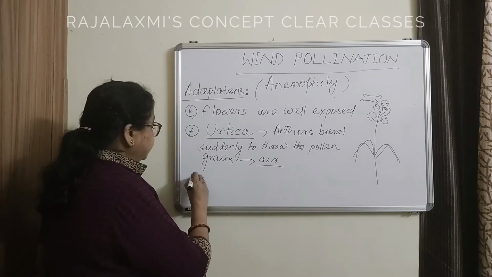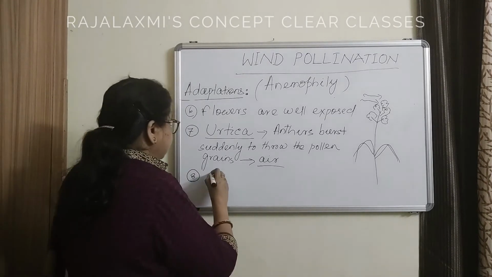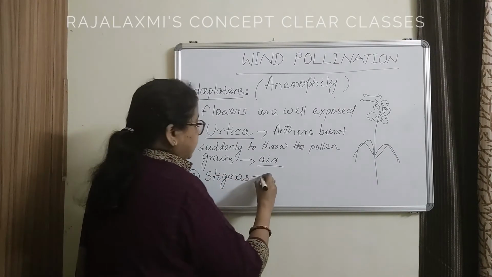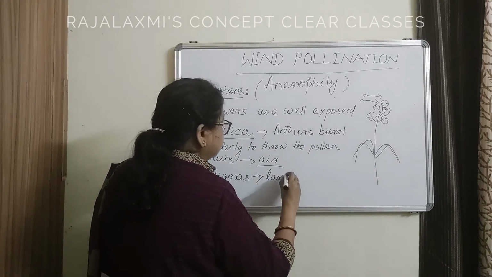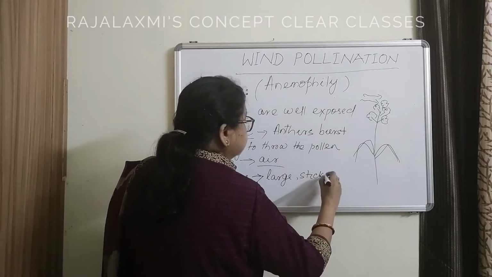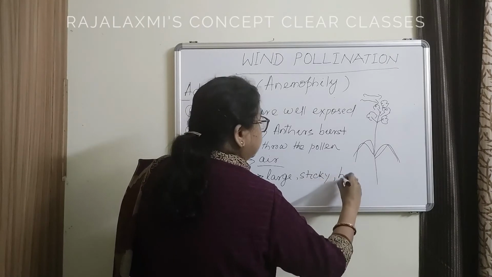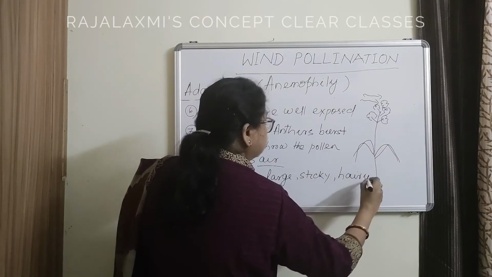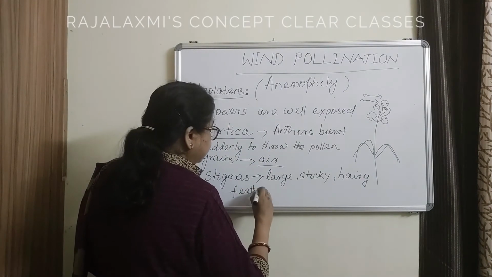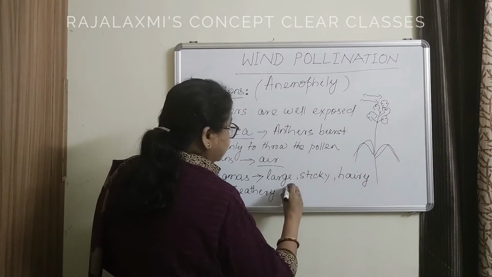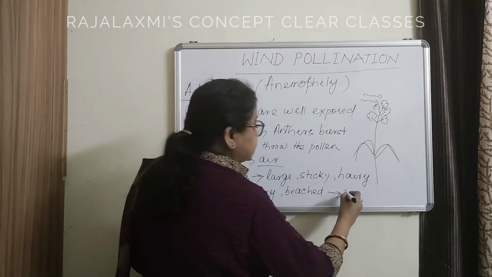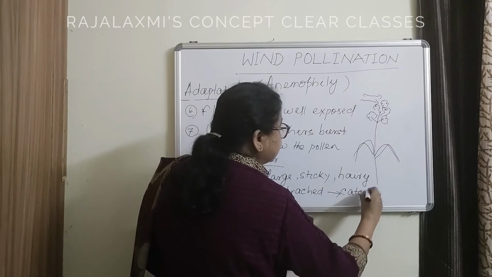Another adaptation, the stigmas of these flowers are large, sticky, hairy, and sometimes feathery, feather-like, or branched to catch the pollen grains.